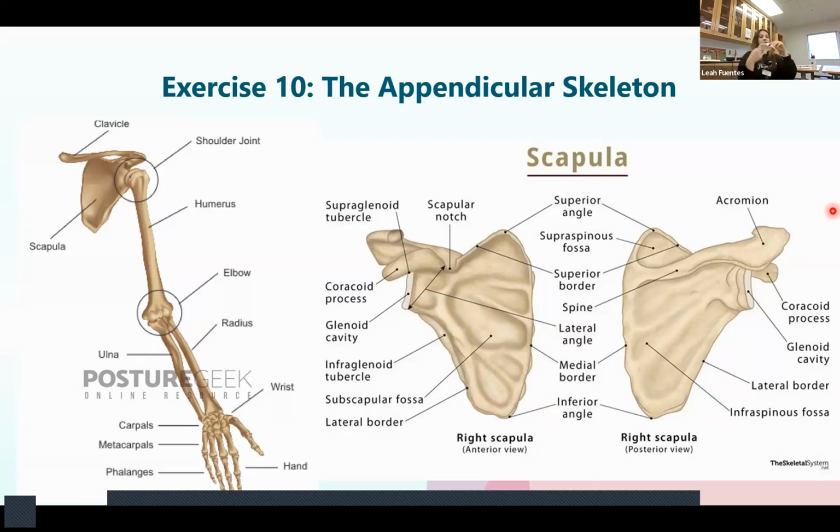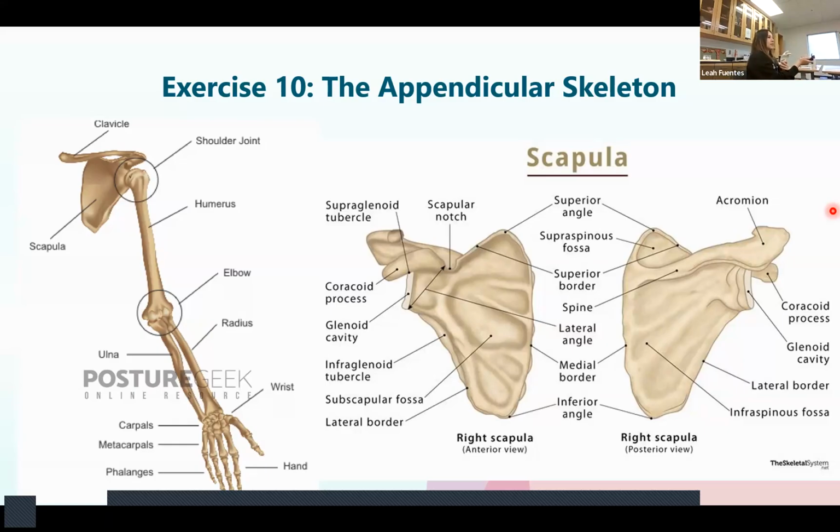If I tried to put this on my right side, my humerus would be where my spine is. If I try to put it this way, this coracoid process does not go to the back. So on the exam, if there's a scapula and they ask you to side it, pick it up and put it on yourself and make sure it makes sense.